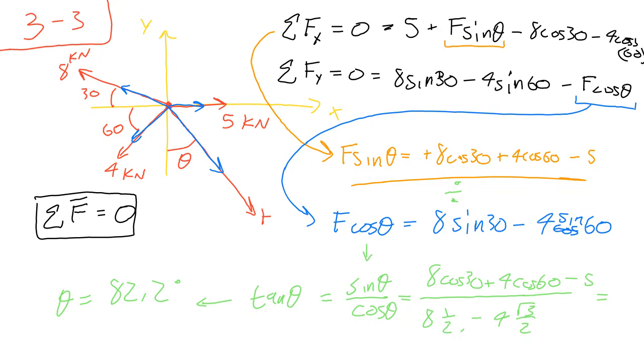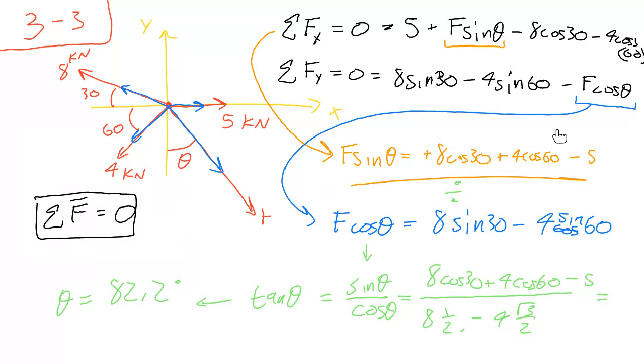Okay, so now that we have this theta, that actually solves for this angle theta that they were asking for. And we can use that to solve for the magnitude. So we just take this and plug it in here. Especially if we take f sine theta, we know what all this is.